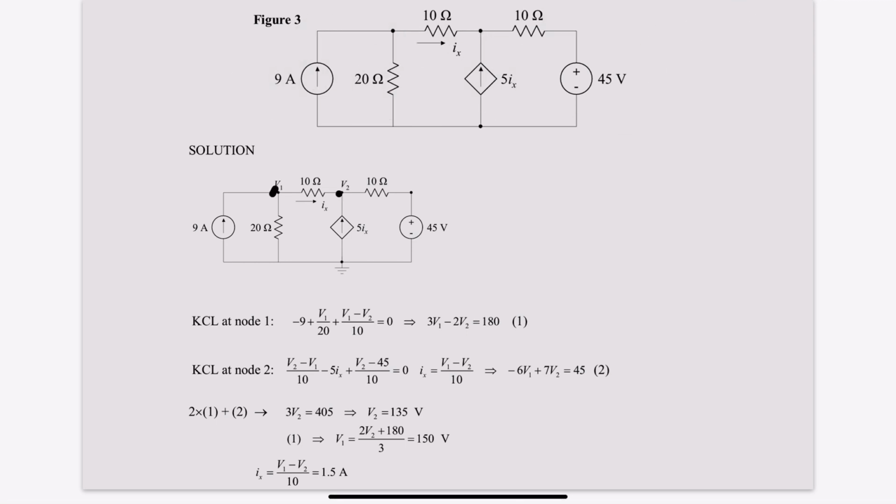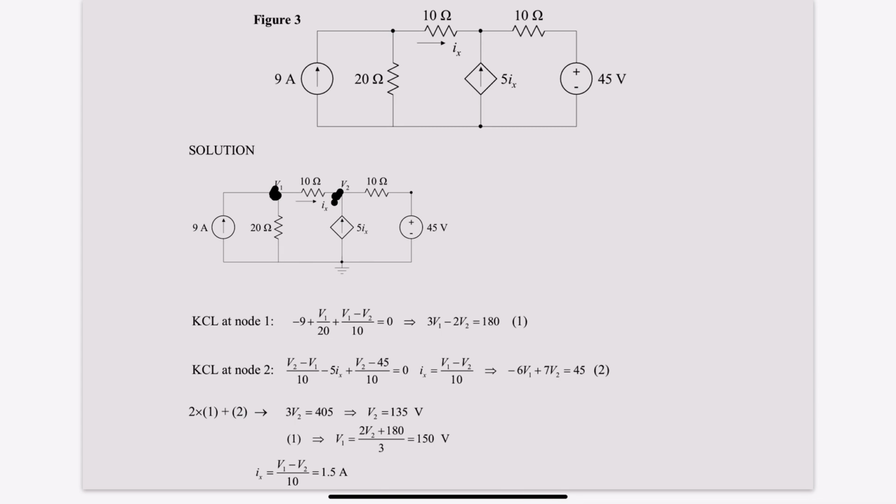Moving on to this smaller drawing of that circuit, we have called this voltage here V1, this voltage here V2. We're going to go through V1's node first to find the equation for V1 and V2, and we're going to find another equation regarding V1 and V2 in V2's node.